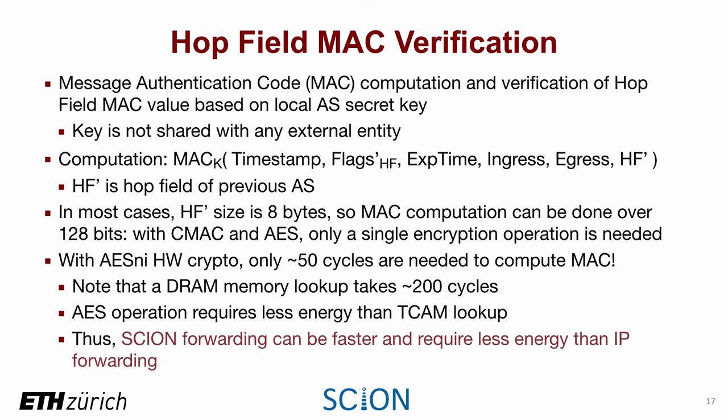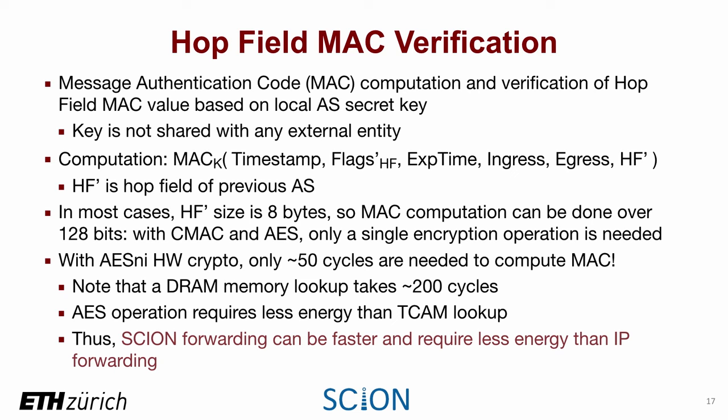So in most cases, since the hop field size is only 8 bytes, the MAC computation can be done over 128 bits. And so a single execution of the AES block cipher in the CMAC mode is sufficient to compute the hop field MAC or also to verify the hop field MAC.